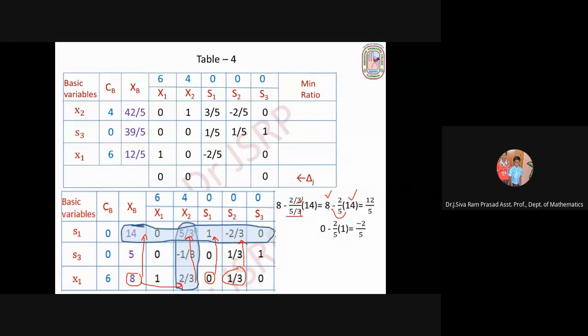So 1 by 3 minus 2 by 5 into minus 2 by 3. Simplify this, minus minus is plus. Take LCM 5 into 3, simplify, and we get 3 by 5. So this is the third row calculation.